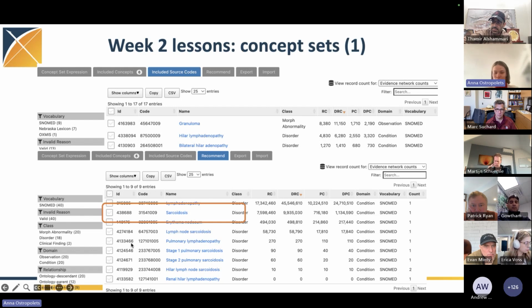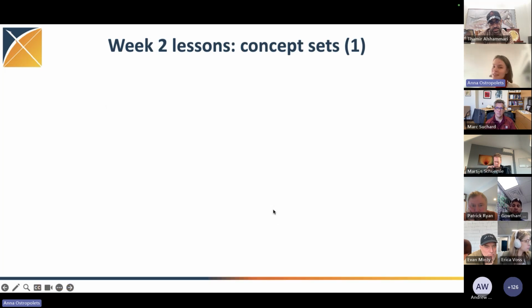For example, the second term that gets recommended by Phoebe quite literally says sarcoidosis, and it has 9 million patients loaded on it or on its descendants. So if you were to check both of these tabs, that will already give you an opportunity to refine this concept set. And this is what the team did.